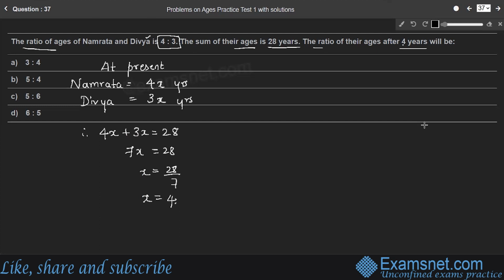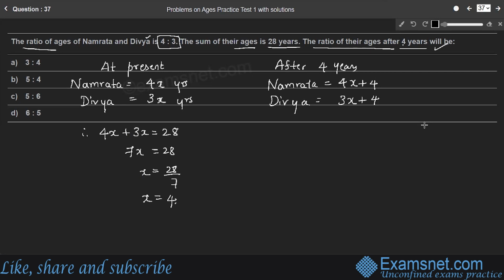So what is to be calculated? Here the ratio of their ages after 4 years. So we'll consider their ages after 4 years. After 4 years, Namrata will be present age plus 4 years, 4x plus 4 years old, and Divya will be 3x plus 4 years old.